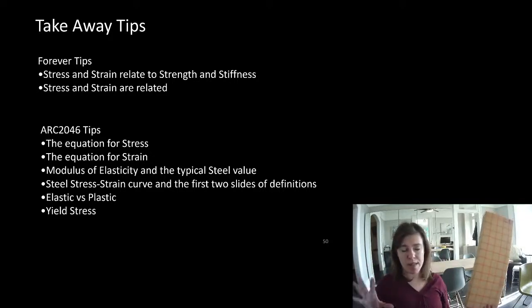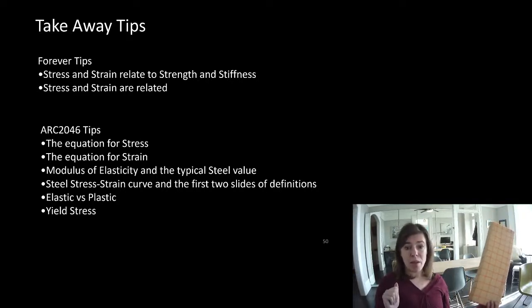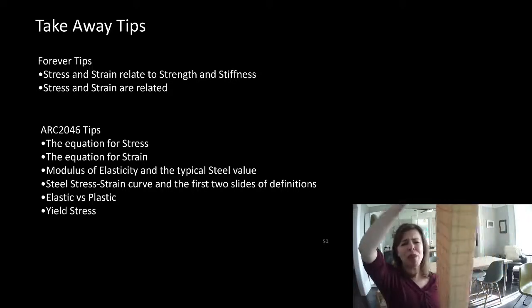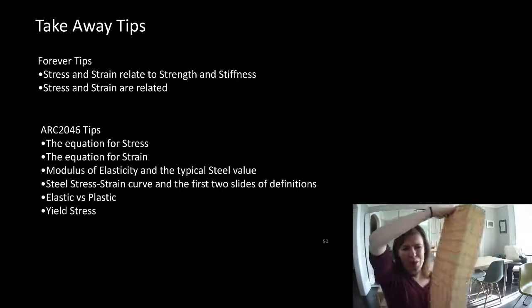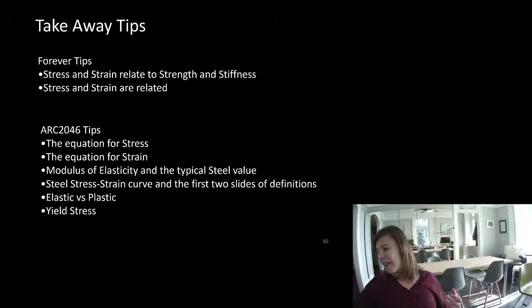Everything else is more just an expansion or broadening of this concept that we just figured out today, and that is the relationship between the equation for stress, the equation for strain, and then the relationship between stress and strain for modulus of elasticity. Everything going forward is just expanding on that. And then figuring out, like, what the heck this kind of weird buckling thing is.